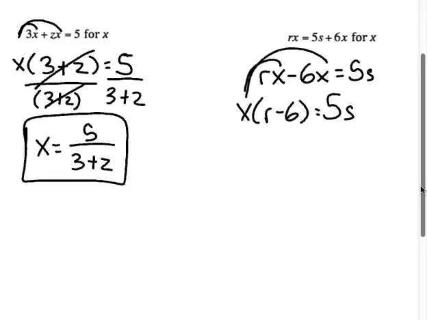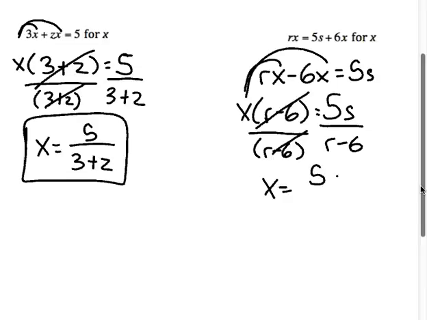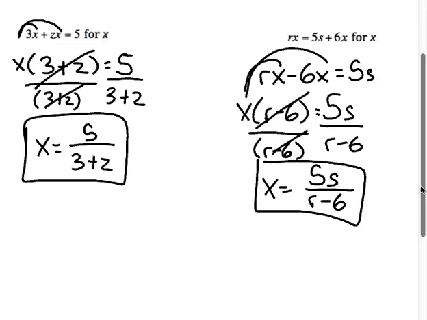And because I only see it represented once, if I just divide by that r minus 6, now I have my equation solved for x, and I am done. So again, that's the circumstance you need to use whenever you see the variable you're trying to solve for in multiple places of the equation.